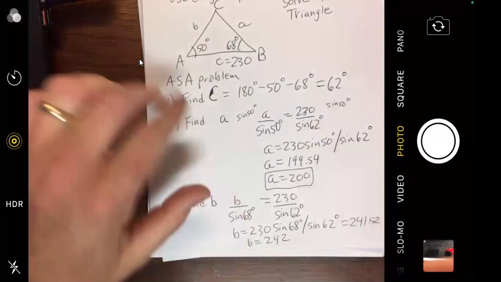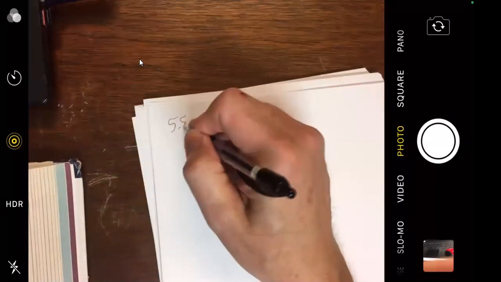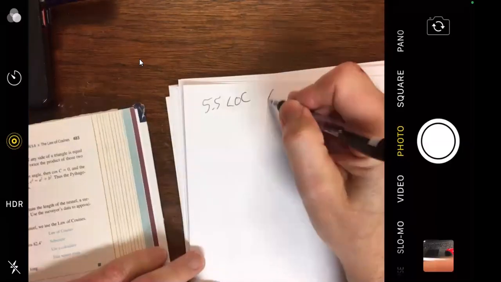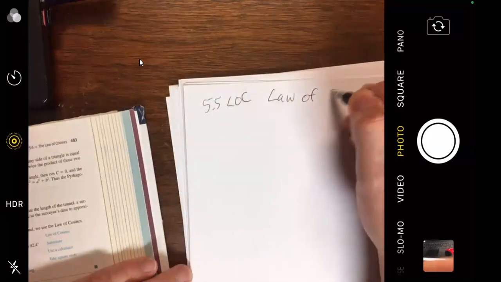Okay, let's go on to section 5.5. Law of Cosines.